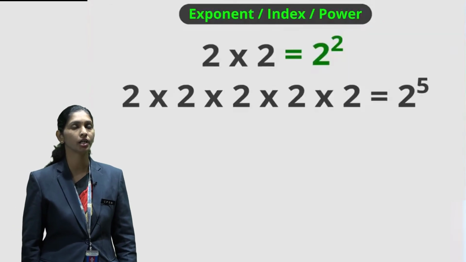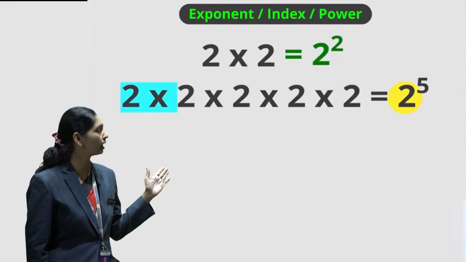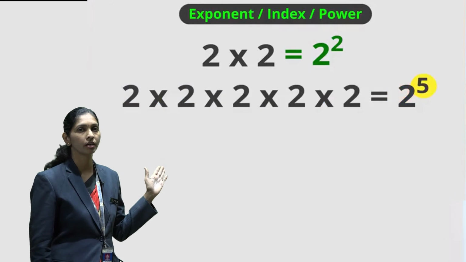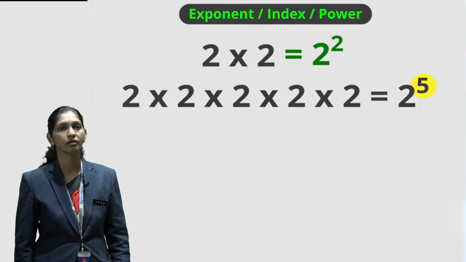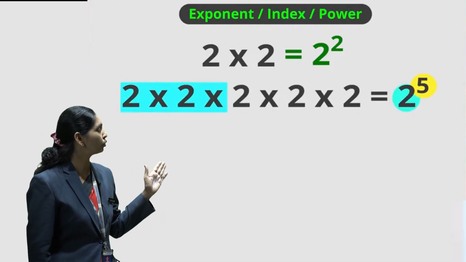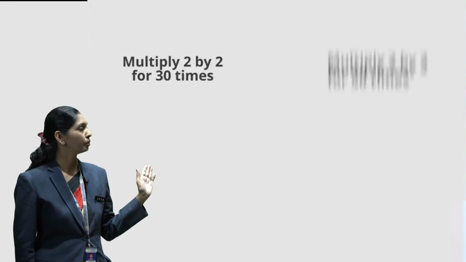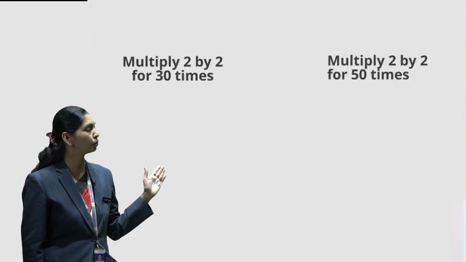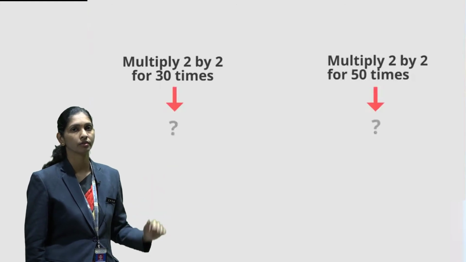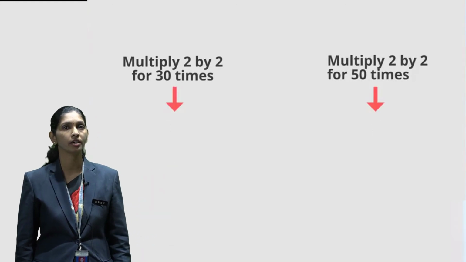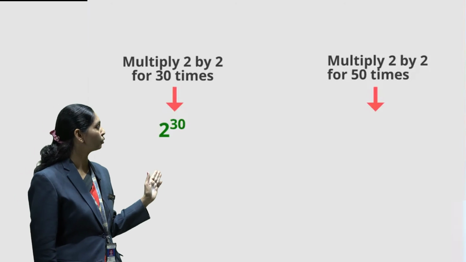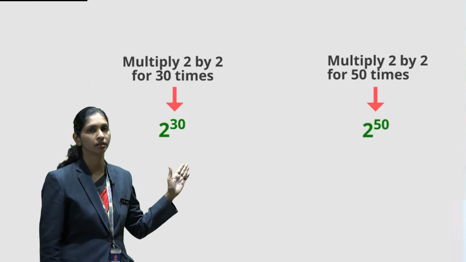For example, 2 multiplied 5 times, how can we write it? We can write it 2 to the power 5. Or 2 multiplied by 2, 30 times, then how can we write it? We can write it 2 to the power 30.